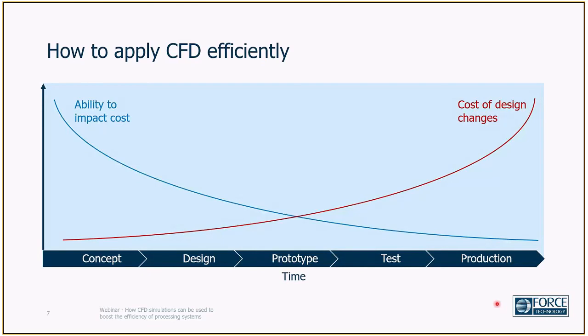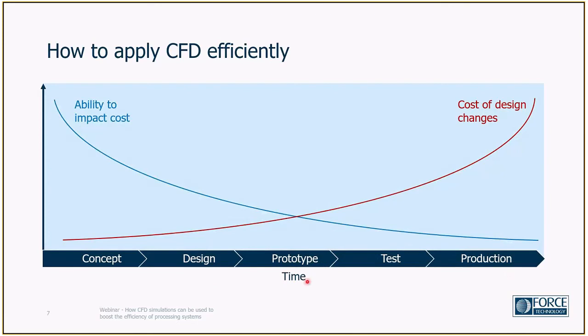So we can also use this comparison between traditional design and simulation-driven design to explain how to apply simulations in general and CFD in particular efficiently. And this graph here is a typical graph describing the costs of the design process of any product, where we have here our steps from the previous slides: concept, design, prototype, test, and production.